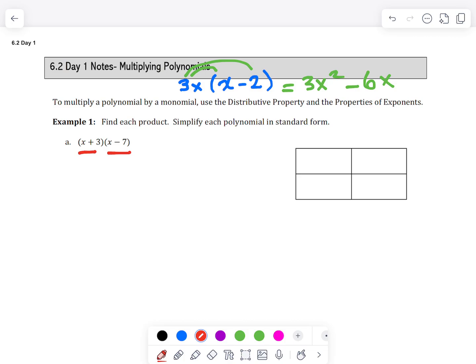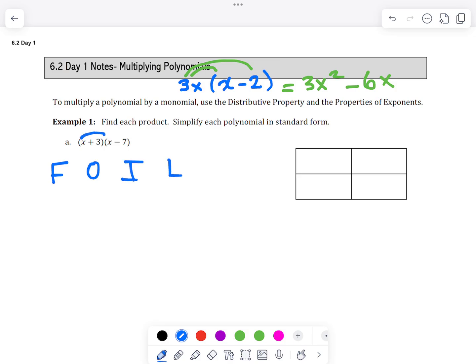All right, now we're going to go ahead and multiply a binomial times a binomial. When we do that, we want to again do the distributive property. So one way we teach you this is to multiply first, outside, inside, last, and we nickname that the FOIL method. So first, outside, inside, last.